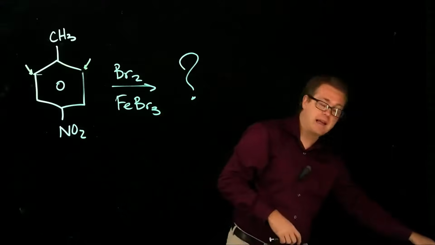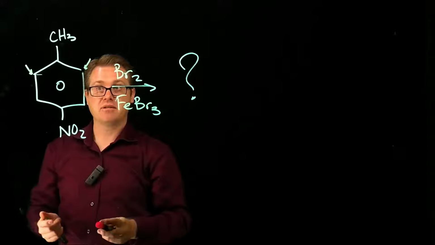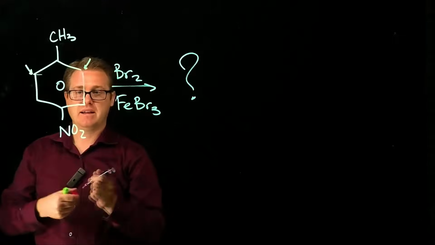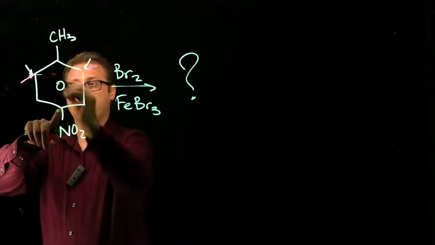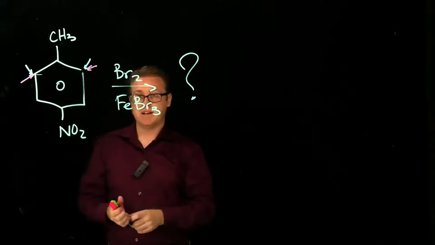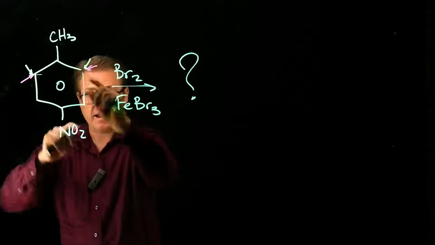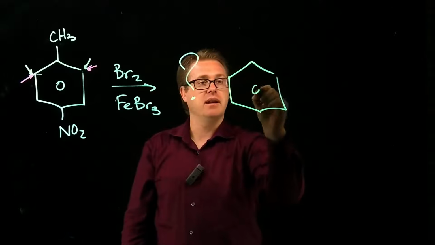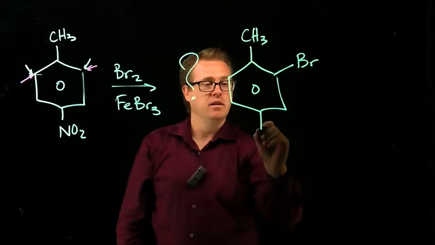So the methyl group is going to want to go here or there. Then we take a look at the other substituent. That's a nitro group. That is electron withdrawing. That is deactivating. That is what? Meta directing. So meta with respect to the nitro group would be right there as well. So this one's an easy one because both substituents direct it to that carbon. So we would predict correctly that our product is going to put the bromine right there.